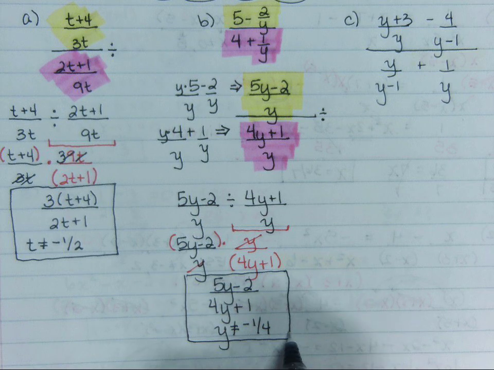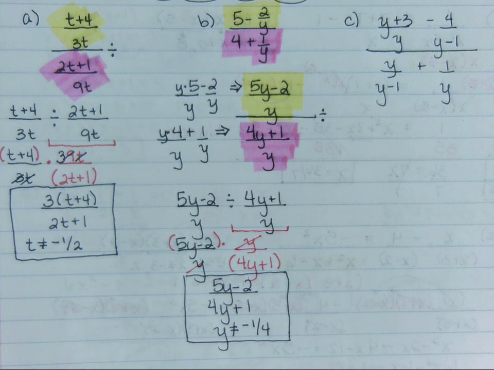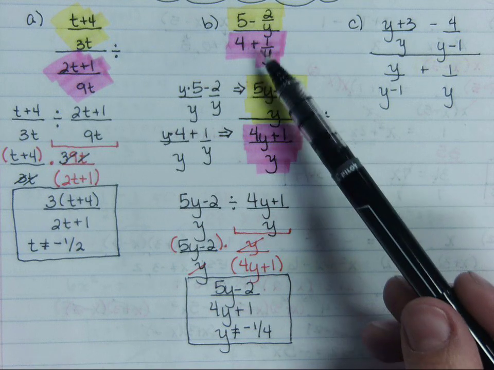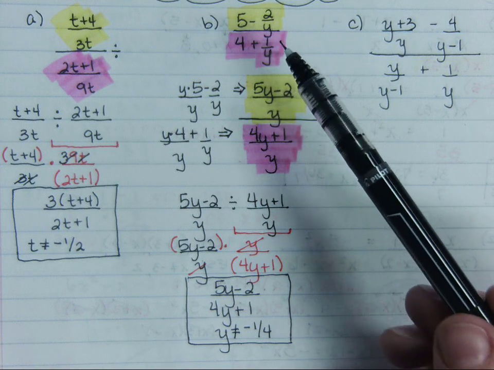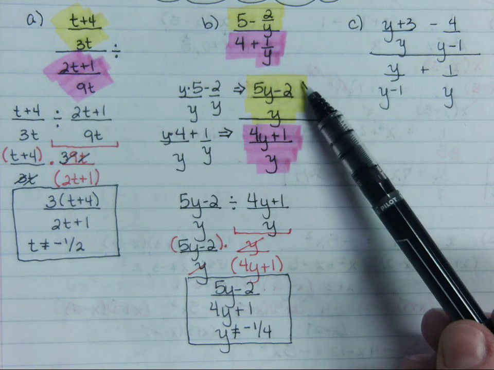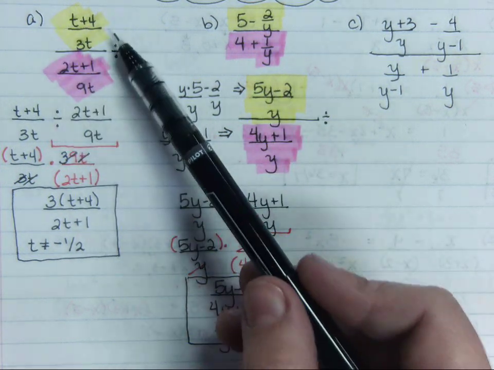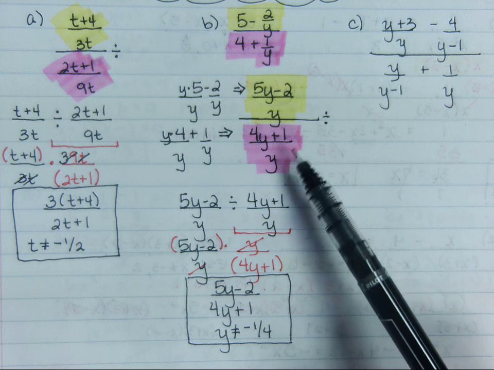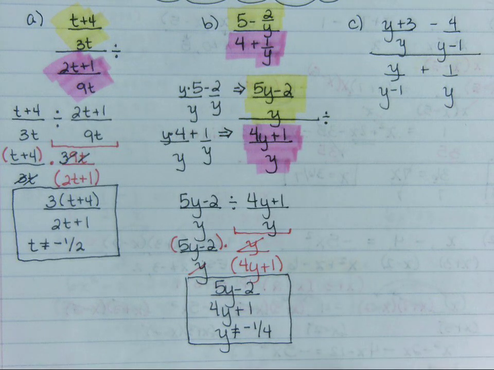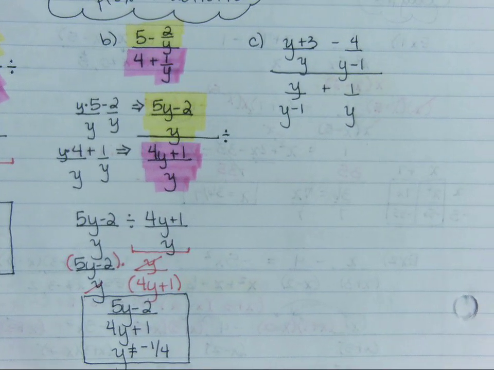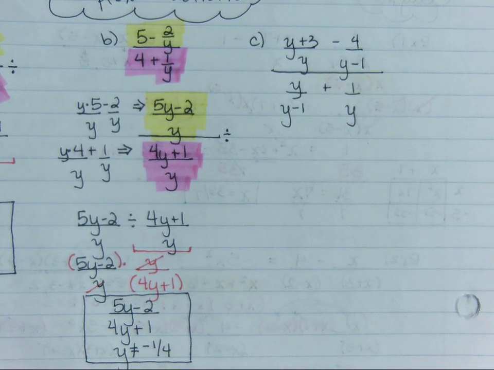So you can see that the process, when we have these complex fractions, does take a little bit longer when you have more operations to do to simplify, but our goal is to always simplify to get a complex fraction like this, or like this, where we have one fraction in the numerator and one fraction in the denominator. So let's look at letter C, because that's going to be the most complicated, but the process is very similar.